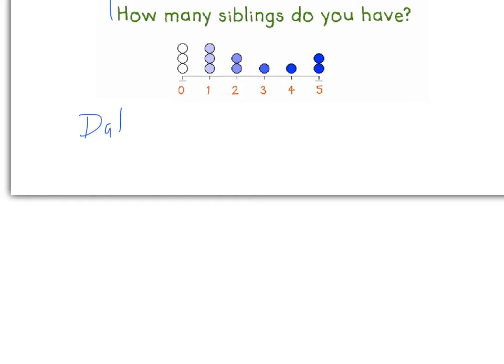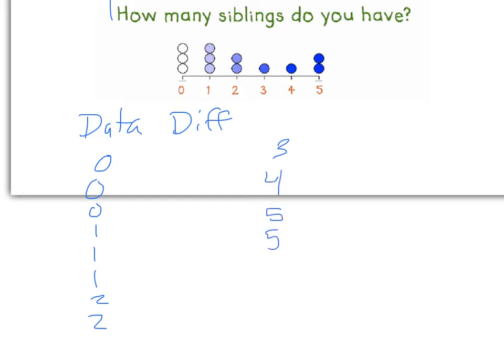So we have our data points, and then we're going to find the difference between the data point and the mean. So if the data was 0, 0, 0, 1, 1, 1, 2, 2, and then I'm going to continue over here, 3, 4, 5, and 5.